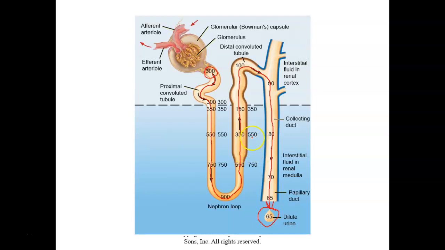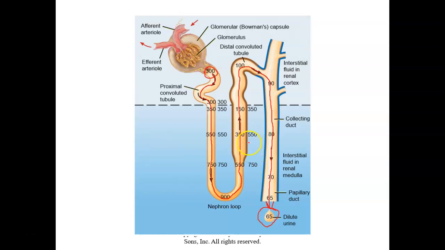We can see when we look here, for instance, the number here is the concentration within this part of the nephron, outside of the tubule. Let's just call it 750 particles per million.